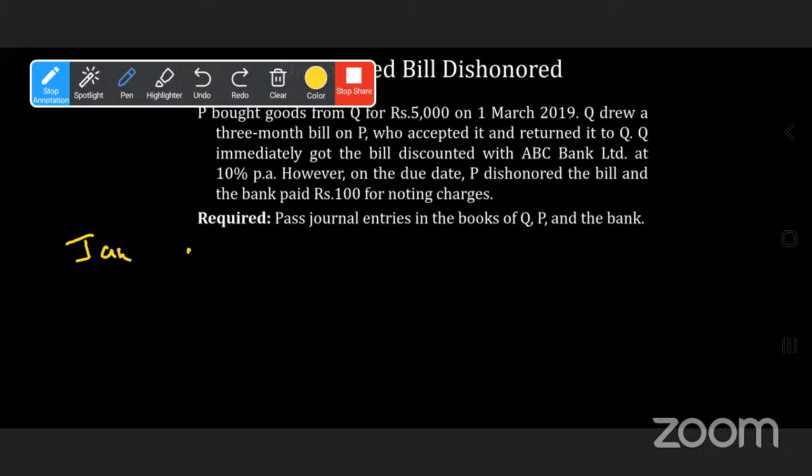Now give the entry. P account debit 5,100, so 5,000 plus 100 noting charges, to bank account 5,100.